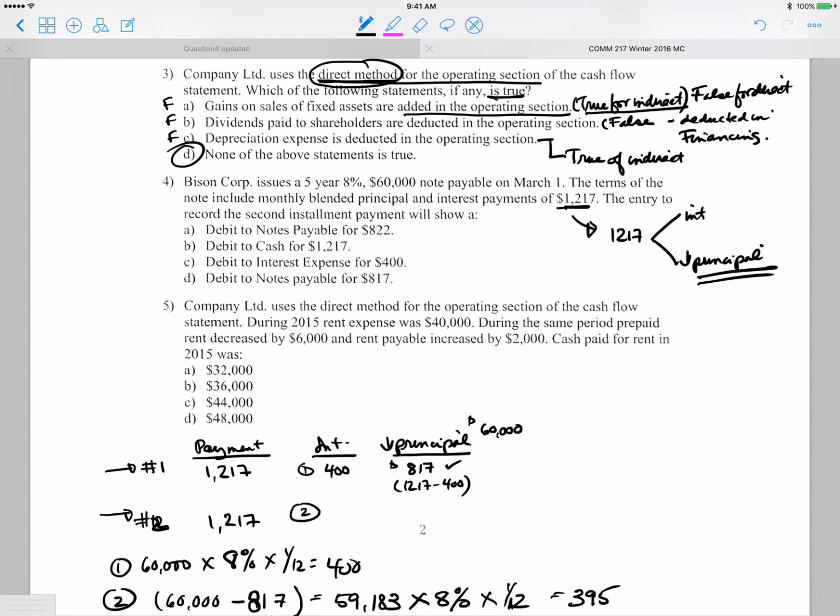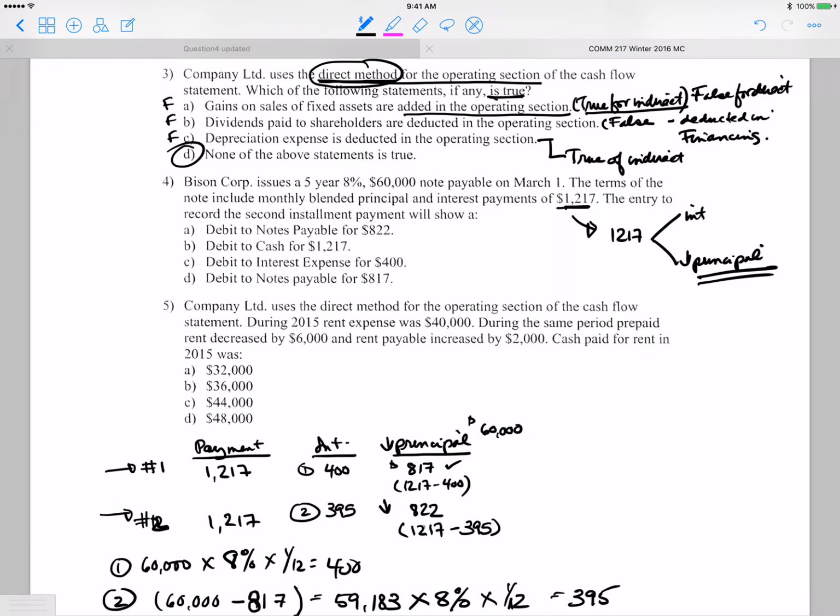So the interest for the second month is $395. That means your principal is going down by the difference, which in this case is $822, because this is 1217, your total payment, minus the amount of the total payment that's allocated to interest. So you have a reduction of $822 in your principal for the second month.